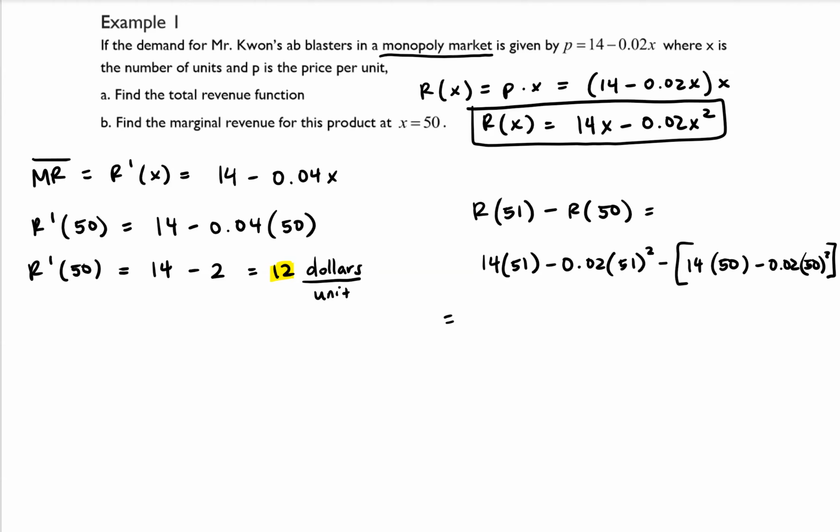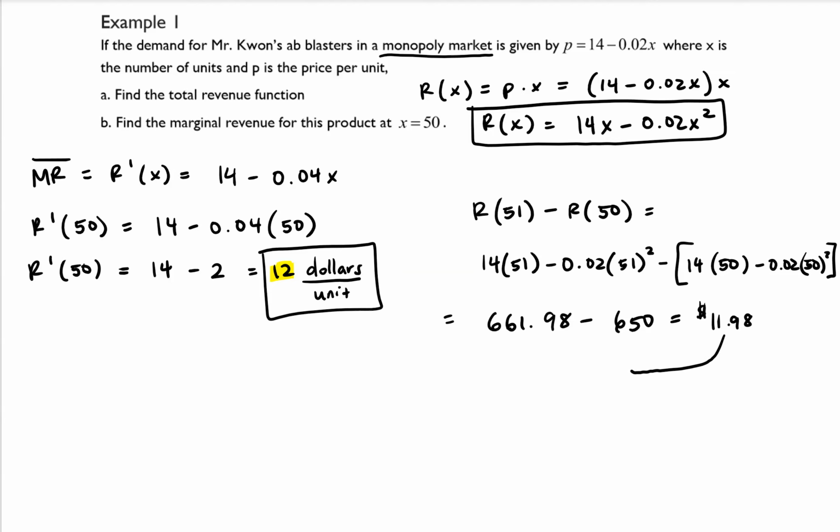If we simplify that, R of 51 is 661.98, and R of 50 is 650. And so the difference between those two values is $11.98. So it was a pretty close approximation. This is our final answer, but this was the actual revenue gained, and it's pretty close. It's just 2 cents off.